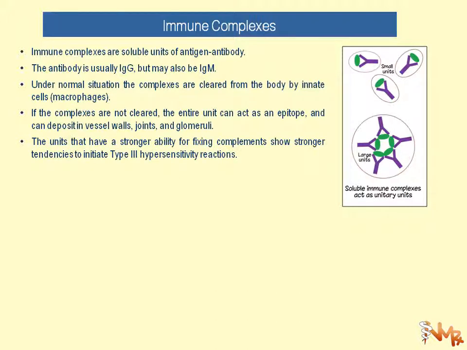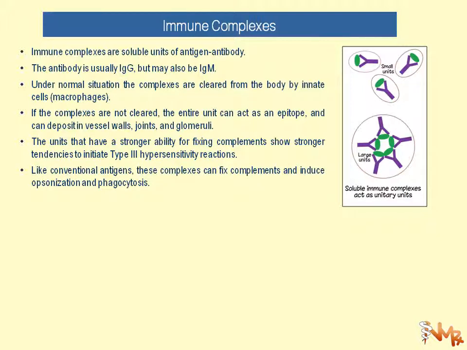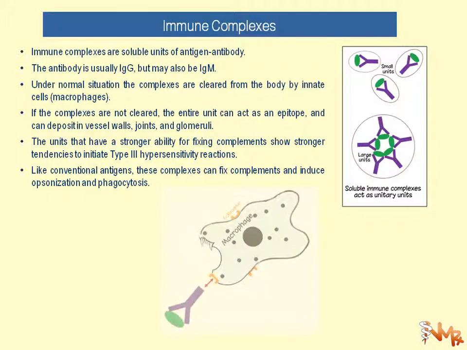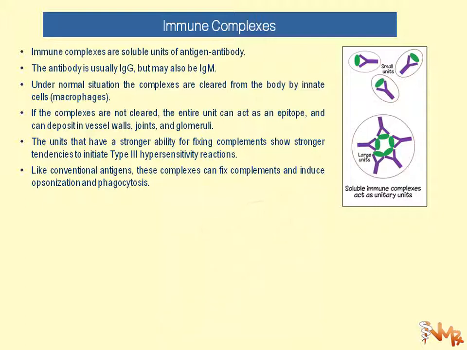The units that have a stronger ability for fixing complements show a stronger tendency to initiate type 3 hypersensitivity reactions. Like conventional antigens, these complexes can fix complements and they can induce opsonization and phagocytosis.